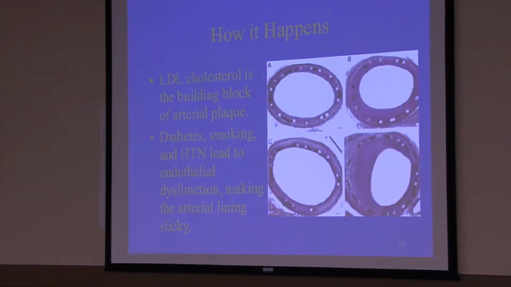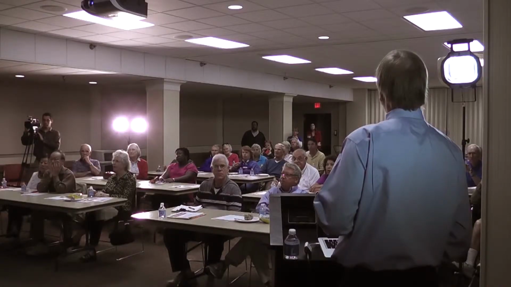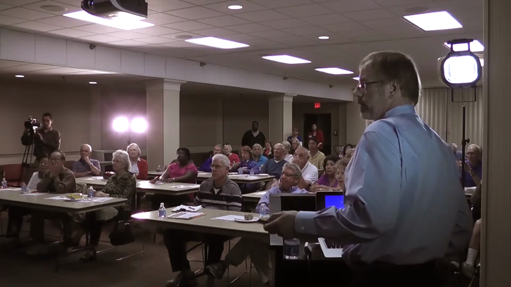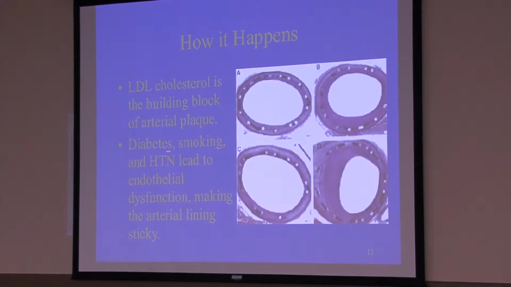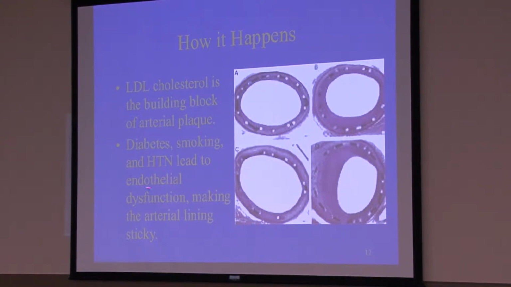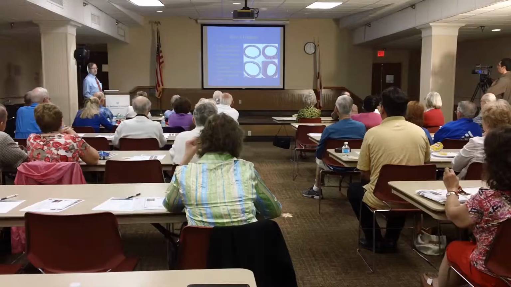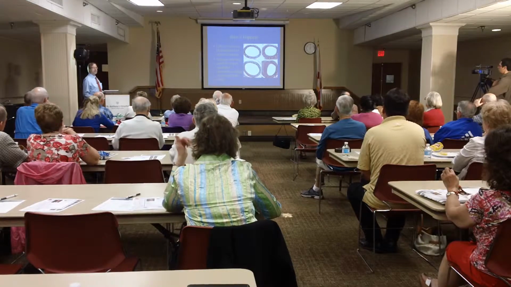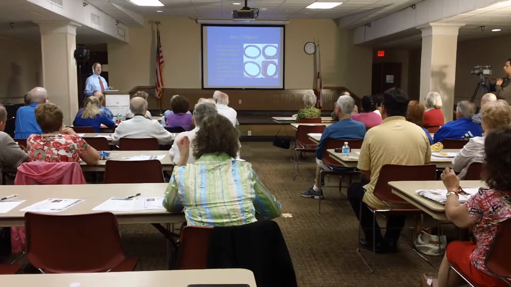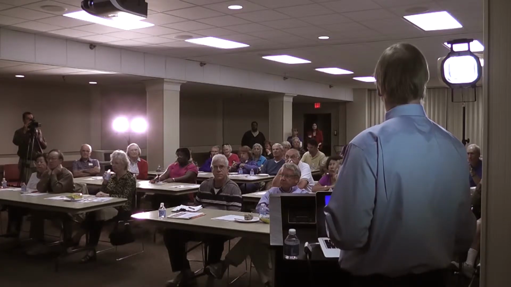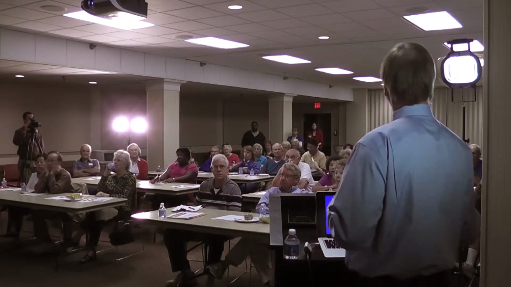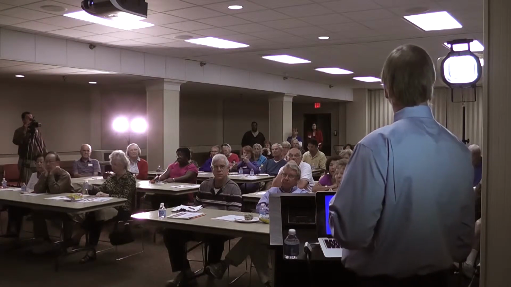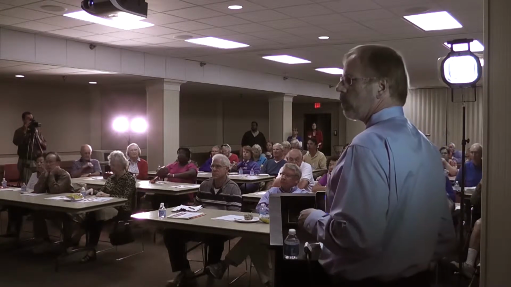And the things that you would have to live in a cave not to know were associated with coronary disease, like diabetes, smoking, and hypertension, they lead to endothelial dysfunction. And in plain English, that means it makes the inside lining of the artery sticky so that the LDL cholesterol sticks to it better. Okay? That's why hypertension, smoking, diabetes are causative factors for coronary disease.